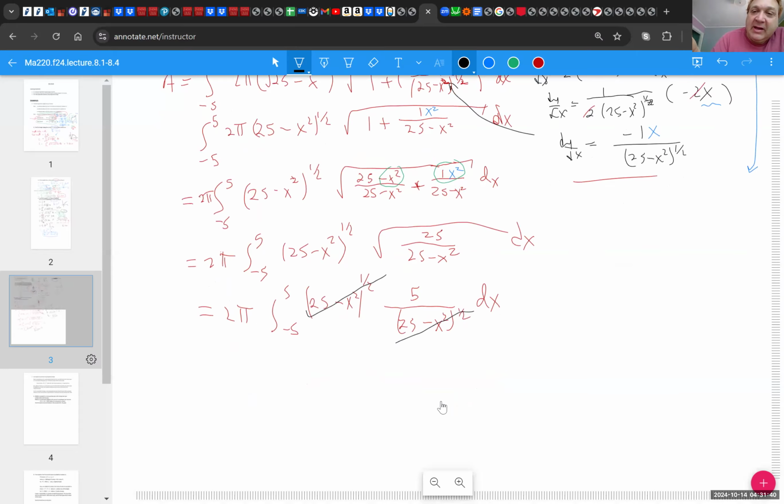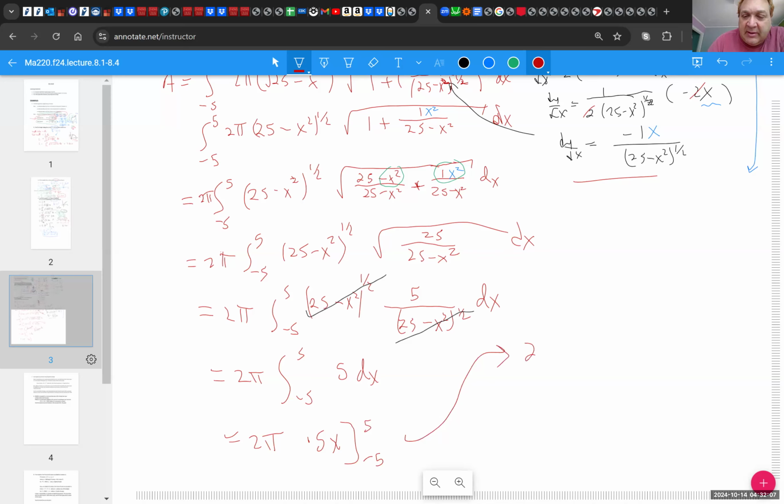So what do we got here? We got 2 pi integral from -5 to 5. All this stuff goes away except for 5 dx. I guess I can move the 5 outside as well, but I don't really care. The integral of 5 dx is just 5x. So again, the 5 you can move outside if you like. Goes from -5 to 5. And I'll just do the numbers.